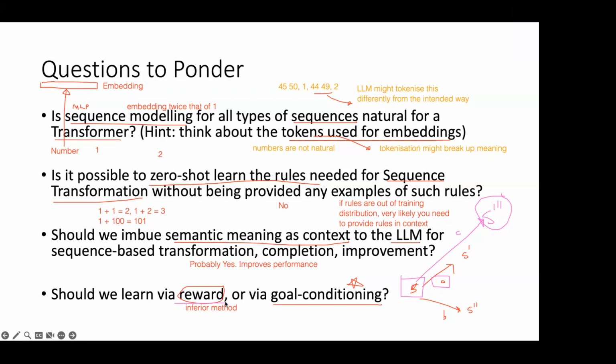Yeah. The way I see the reward versus goal conditioning is almost like the argument between explainable AI and deep learning. I feel like they are just designed for different purposes. For example, just now we talked about macro versus micro.